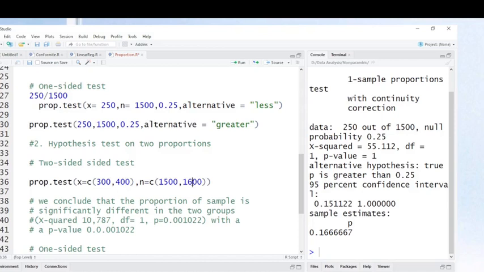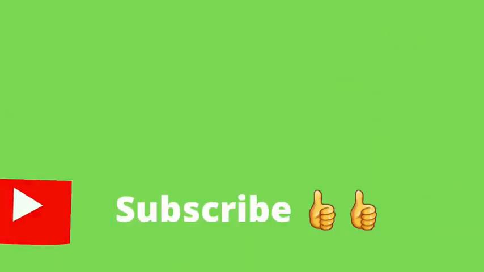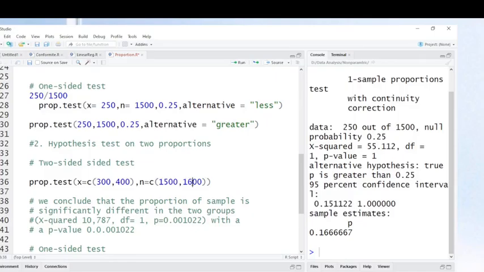And we want to know whether the proportions of those who are against and those who are for the product are equal. And we use this test, friends.